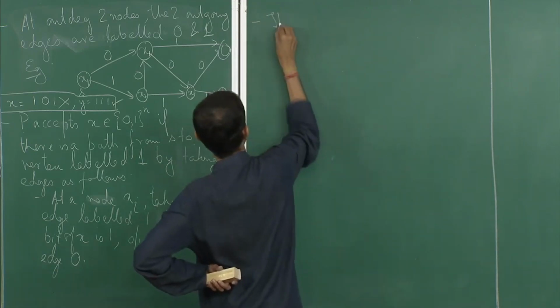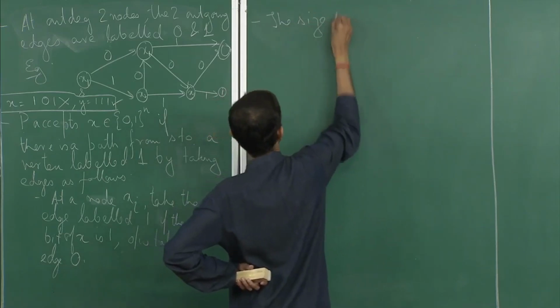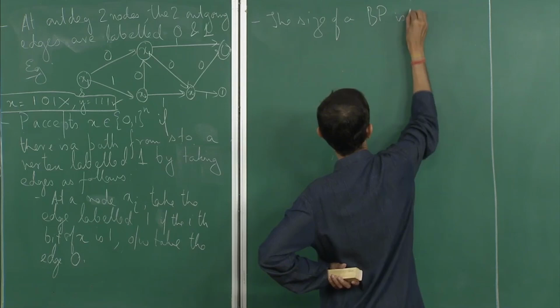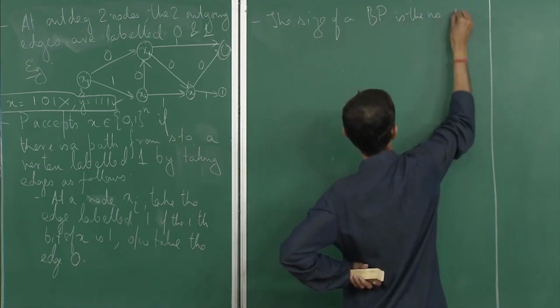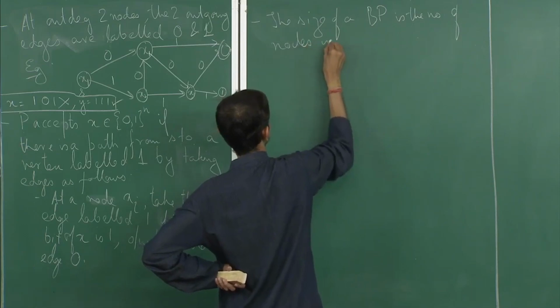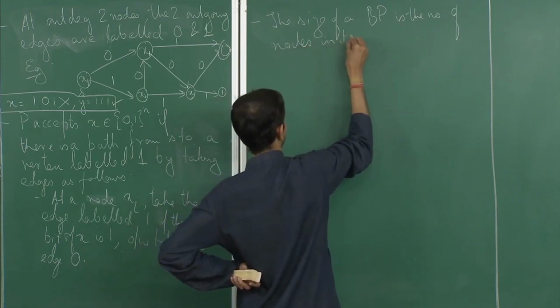The size of a branching program is the number of nodes in it.